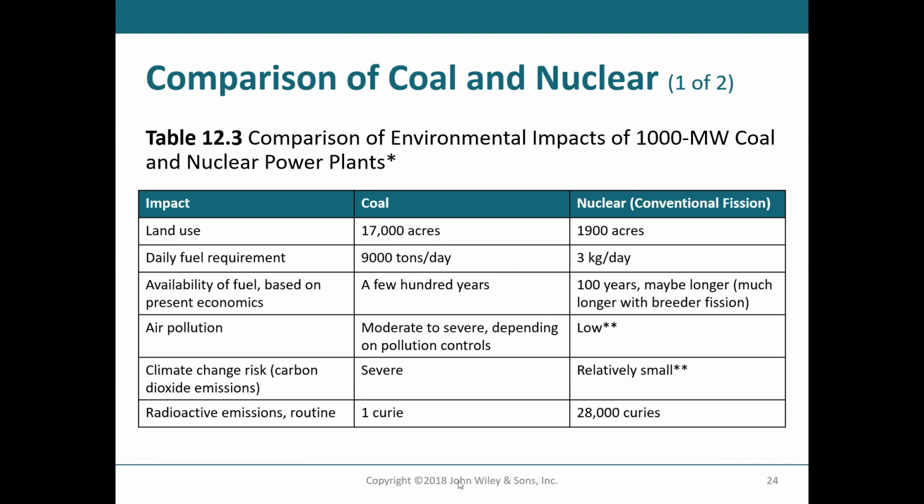However, the radioactive emissions are obviously a lot higher for nuclear than coal. And the problem with this is that it takes thousands of years for these radioactive nuclear waste products to become safe to handle without long-term impacts on human health.